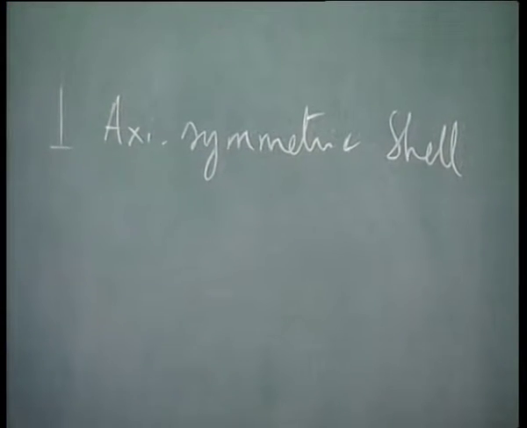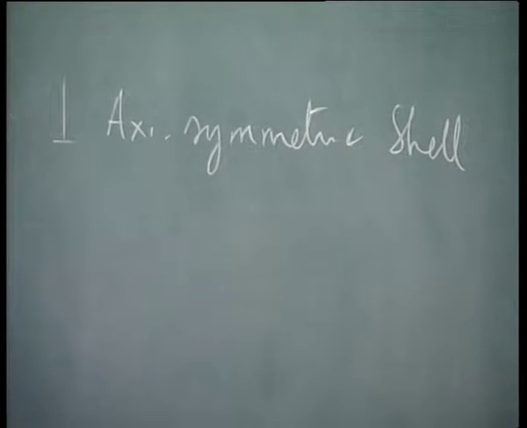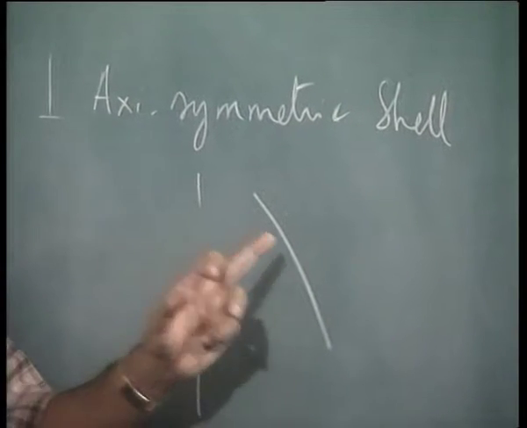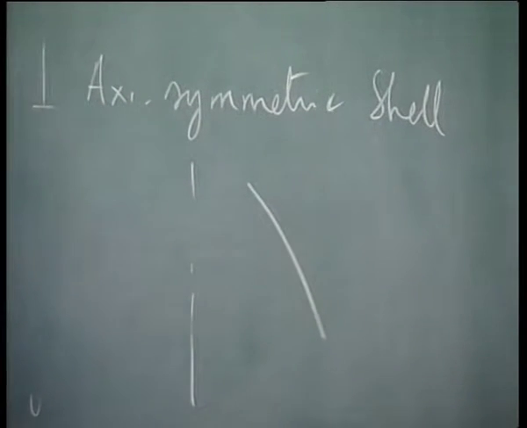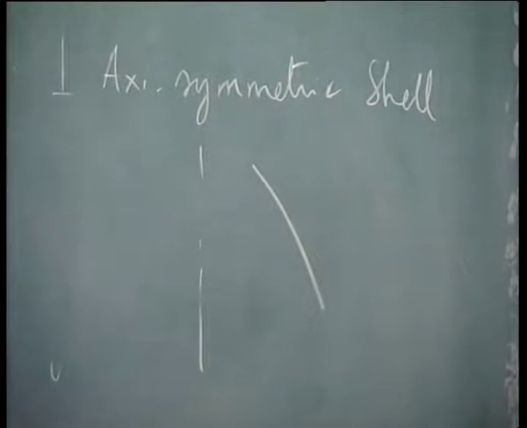Yeah, I know that the name is very familiar. The axisymmetric shell is very similar to our axisymmetric element. What does it mean? It means that there is an axis of symmetry about which you can rotate an element and get the complete shell. Again, these elements are based on Kirchhoff and Mindlin theory.